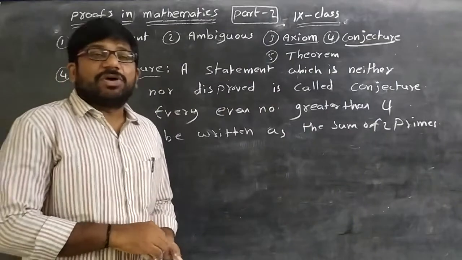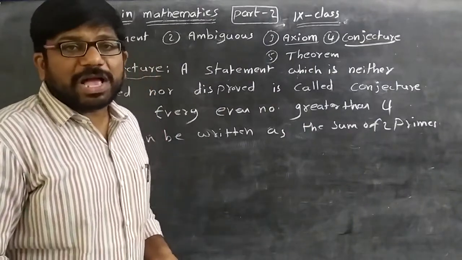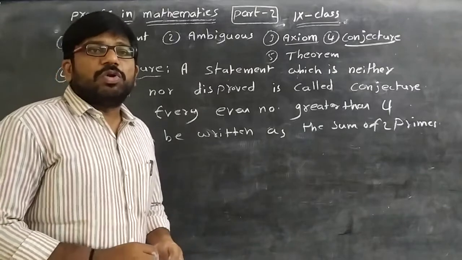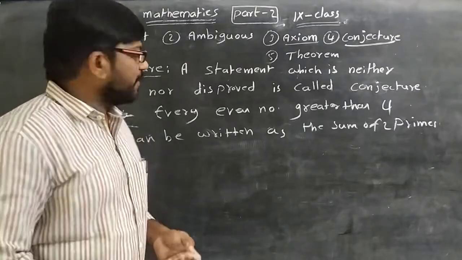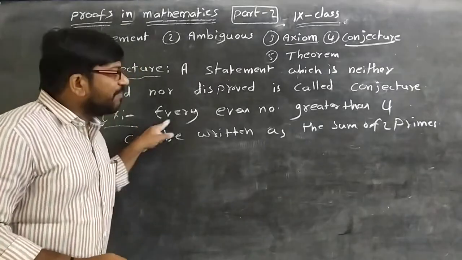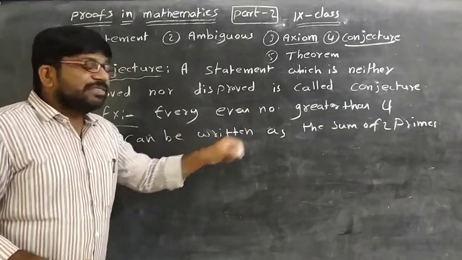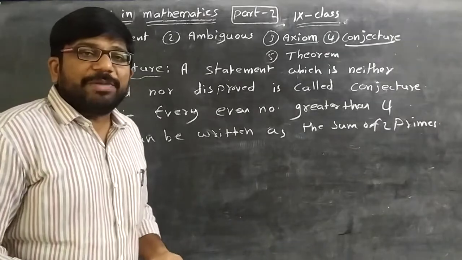So this is called the Goldbach conjecture, right? So it was found by Goldbach, the mathematician, the scientist. See, every even number greater than 4 can be written as the sum of two prime numbers.